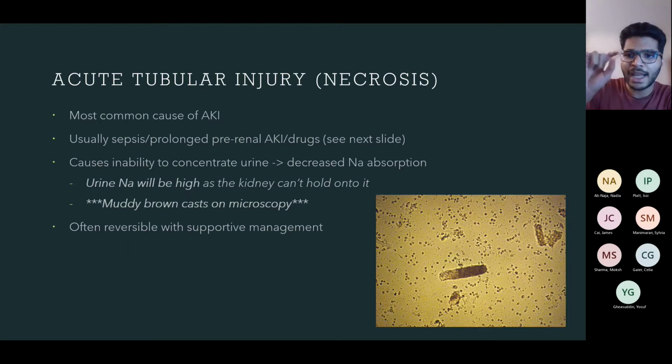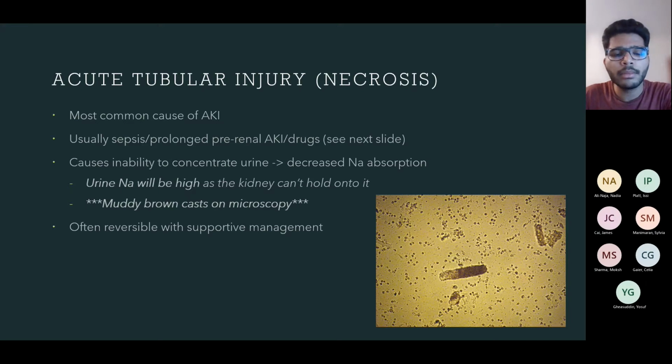So loads of dead cells that have collected together in the shape of the tubule and been expelled out into the urine. So on microscopy or in an exam question, if you get muddy brown casts, then it's acute tubular necrosis. You'll also see a high urinary sodium because the tubules are dying, so they're not able to hold on to that sodium and they let it all out into the urine.